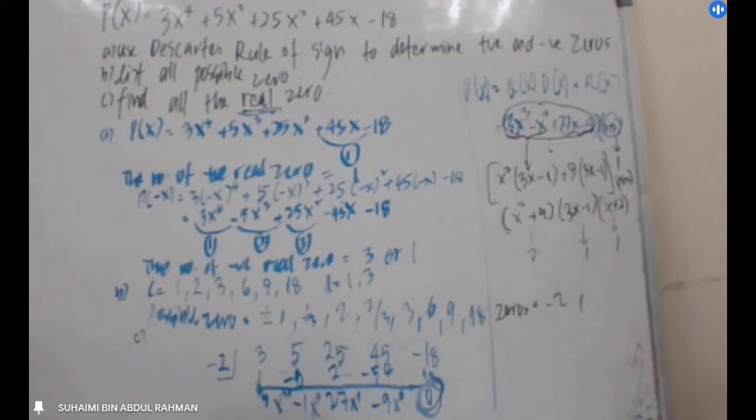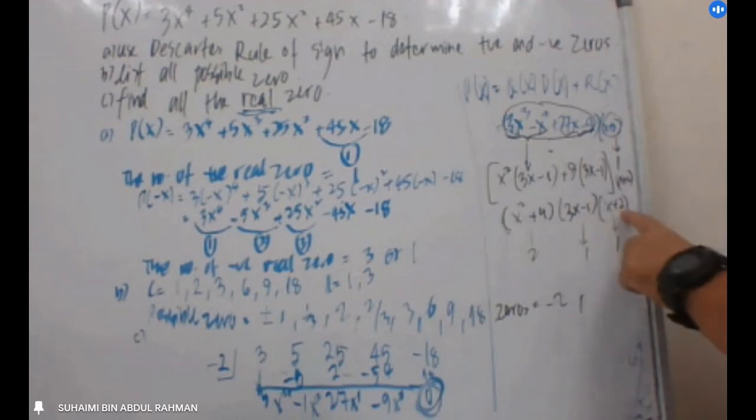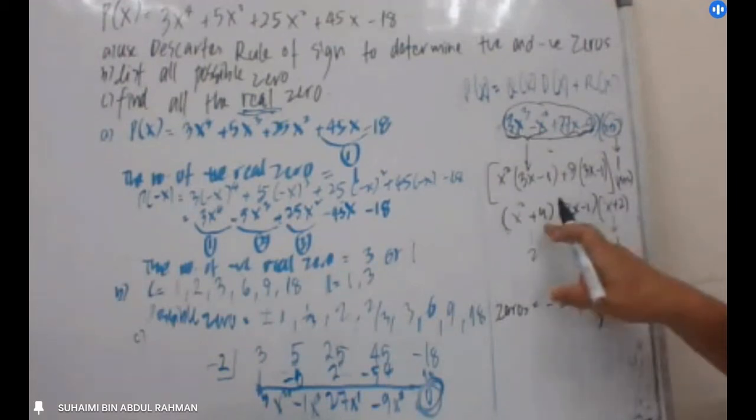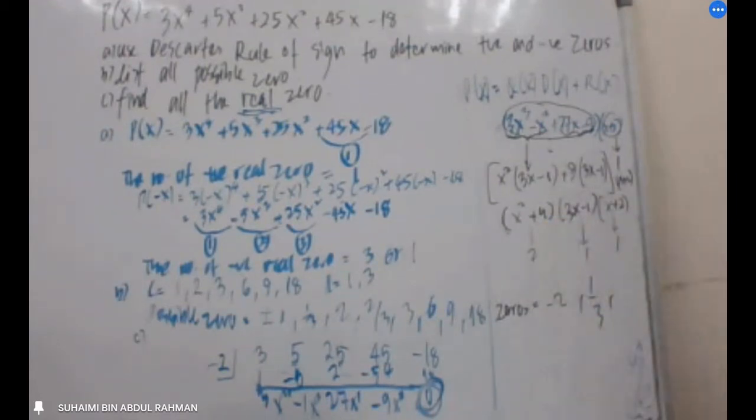What is the zero from here? 1 over 3. Zeros from here: the zero from here is minus 2. It's clear. 1 over 3. Zeros from here.